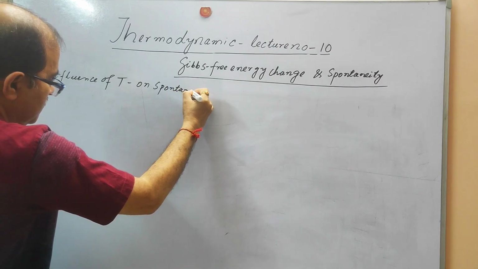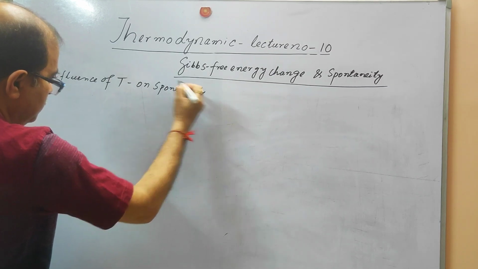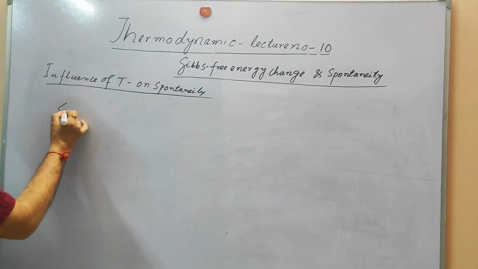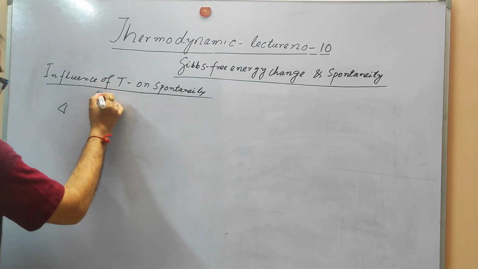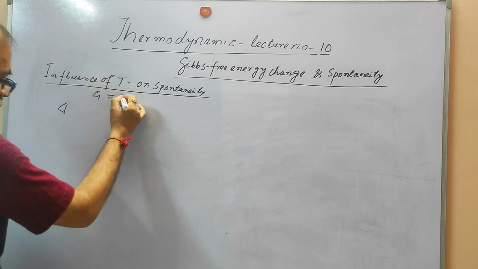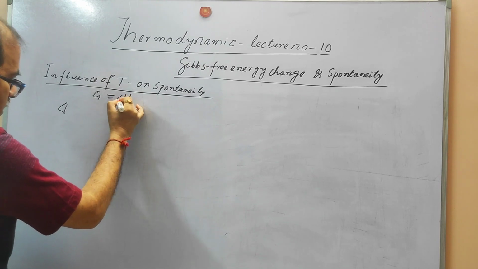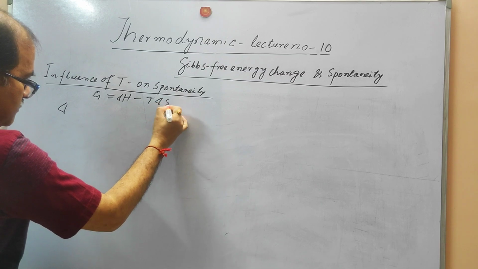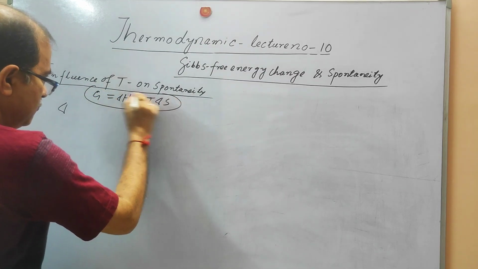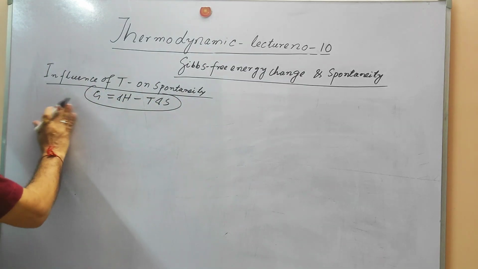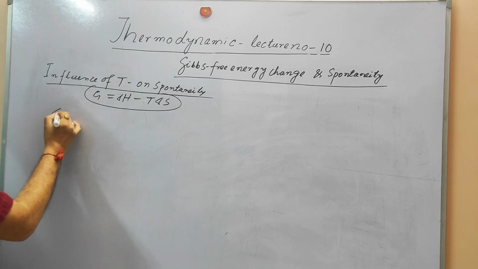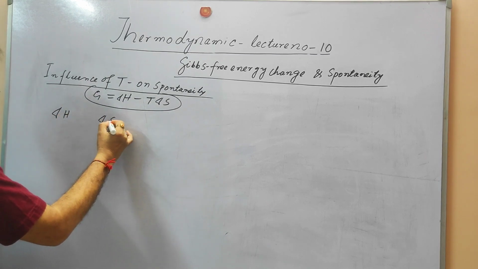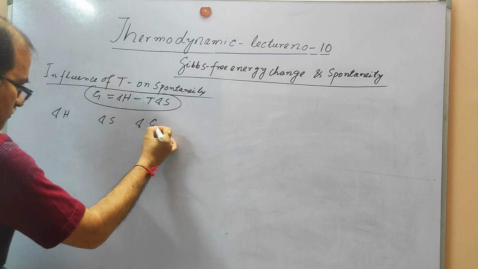For this, the main function is delta G equals delta H minus T into delta S. On the basis of that, we will understand this. Suppose we make a table with delta H, delta S and delta G.